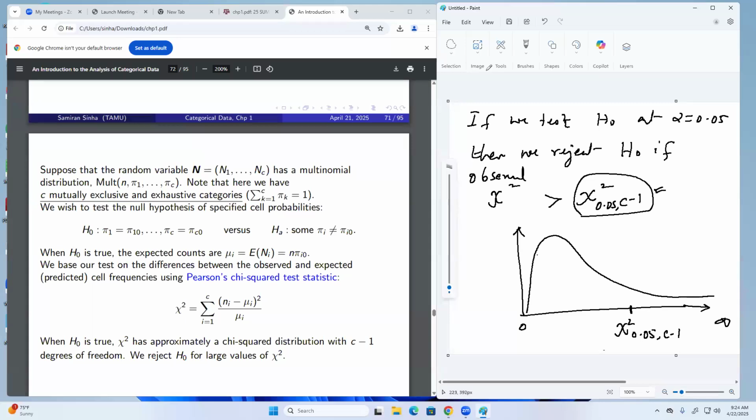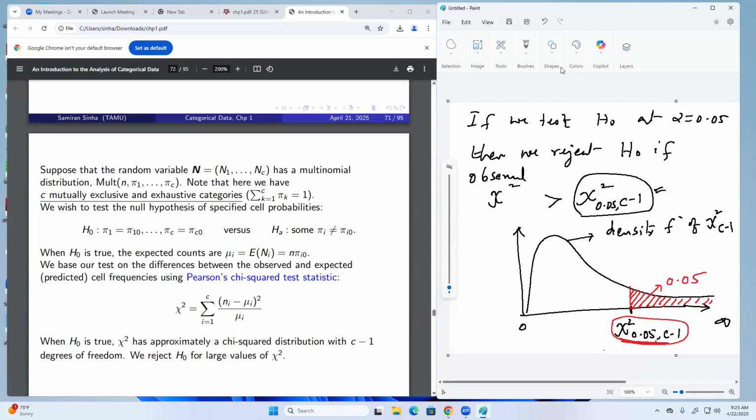This is the density function of the chi-square distribution with degrees of freedom C minus 1. And this ordinate value is such that the area under the density curve, which is above this point, is 0.05. And you can get that value easily from R.